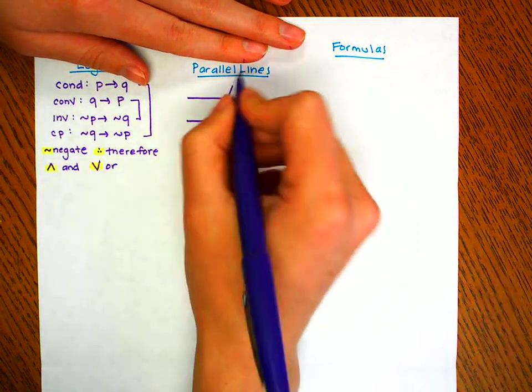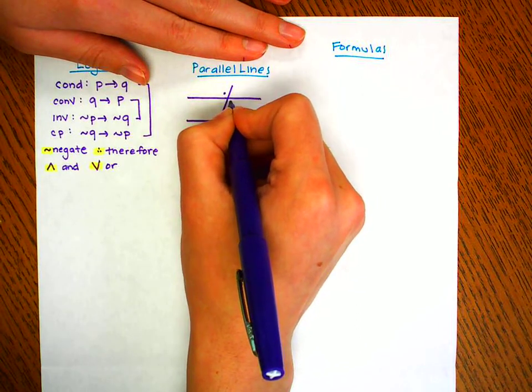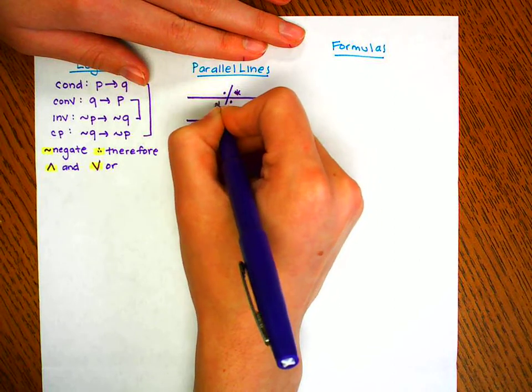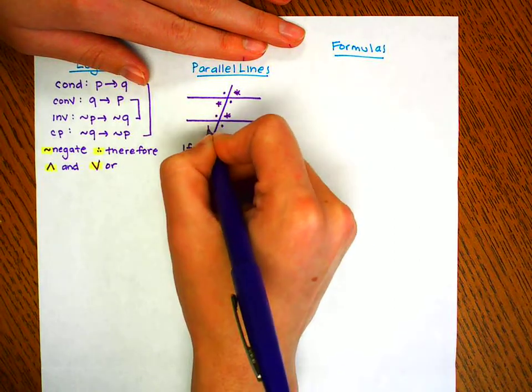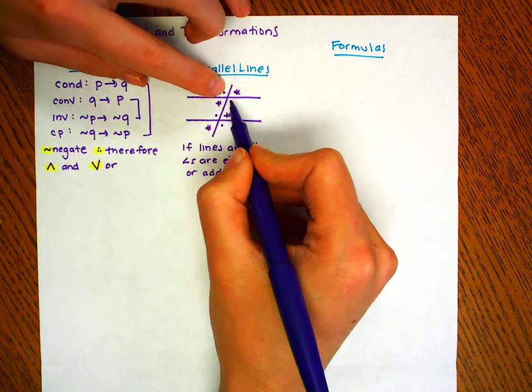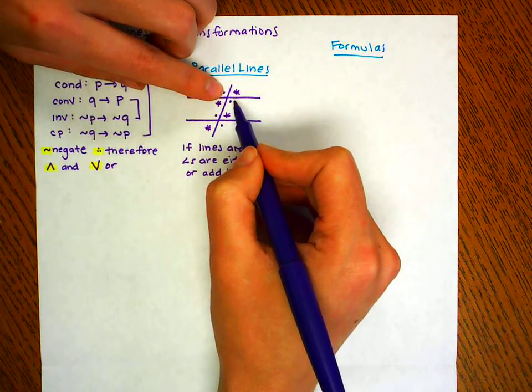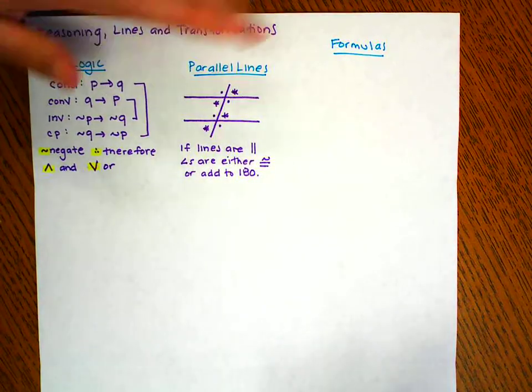This is when we do our dots and our stars. So I pick a dot and I just go every other: dot, dot, star, star, star, star. Two dots will be the same. Two stars will be the same. Any dot and star will add up to 180.